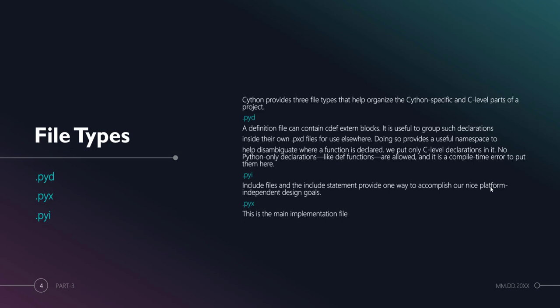Then there are the .pyx files. This file we have already seen in the course so far. We have always written our code in .pyx files. This is the main implementation file which uses all the other files.